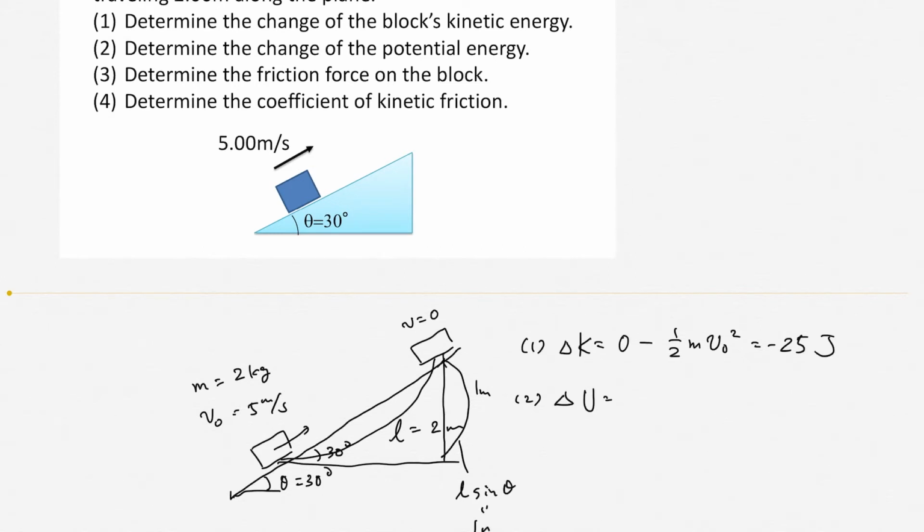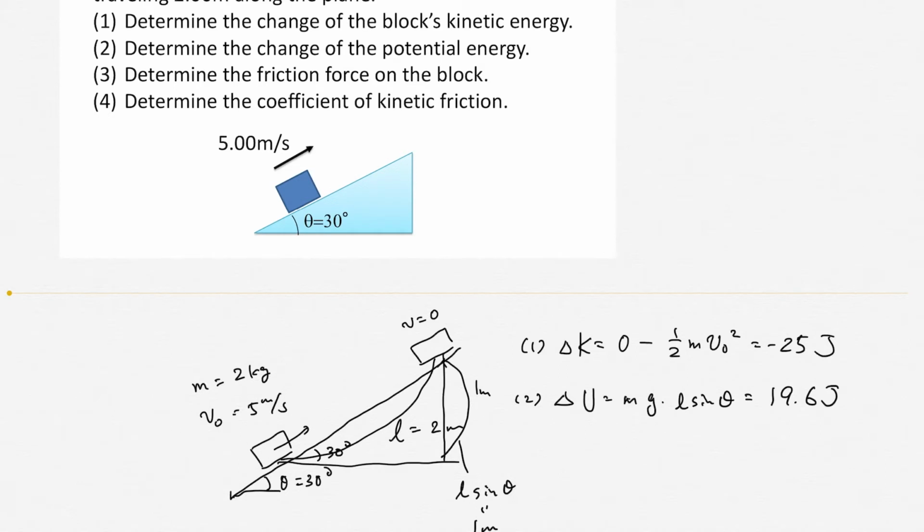This is 1 meter. So this becomes mg times L sine theta. You can substitute. It becomes 19.6 joules. This is the answer to the second question.